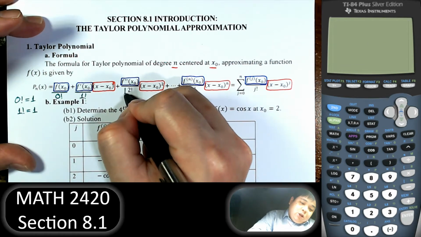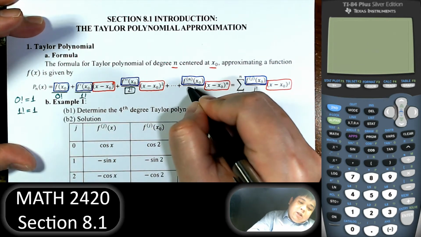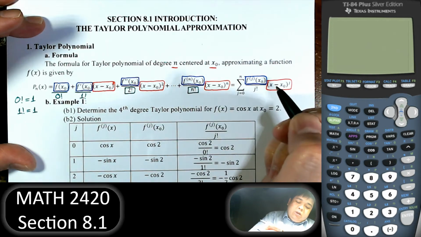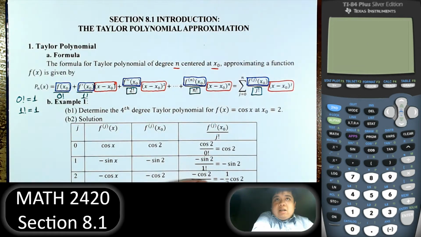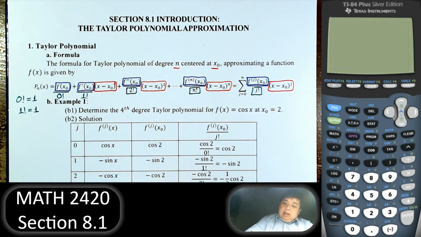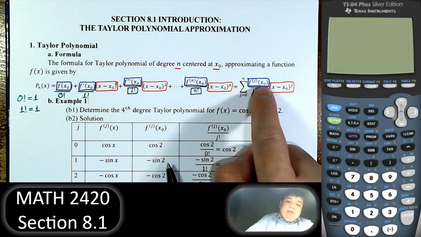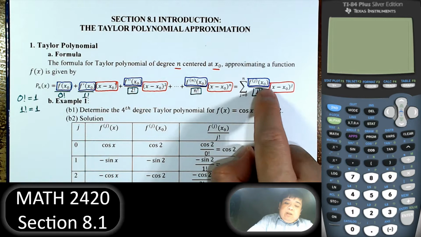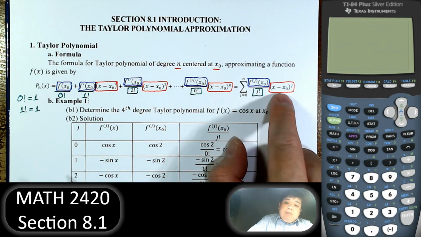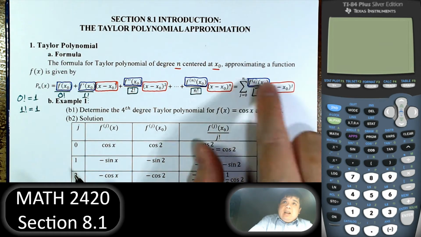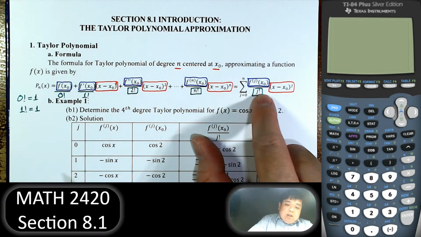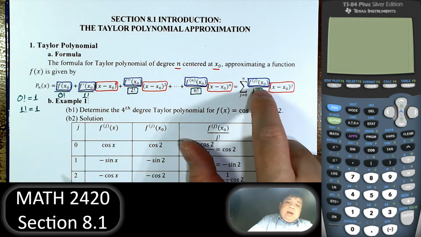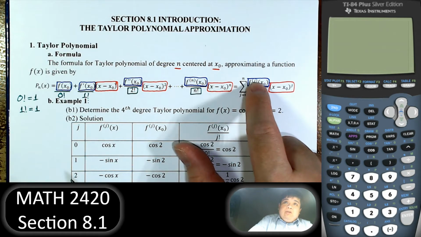And then we have 2 factorial, 3 factorial, and all the way to n factorial. So altogether, we have the nth order derivative evaluated at the center, times x minus x0 raised to some power, divided by the factorial. The factorial is the same as the order of the derivative.